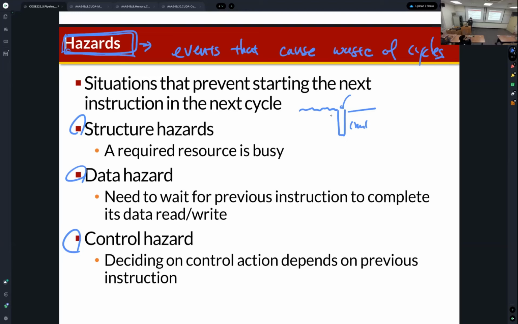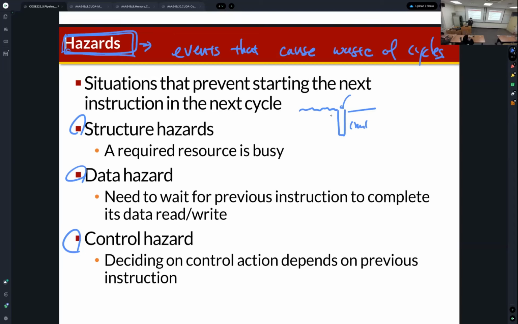Okay, so that is the definition of hazard. What does that mean? When I explained the performance of the computer processor, I assumed that a processor can receive an instruction every clock cycle.